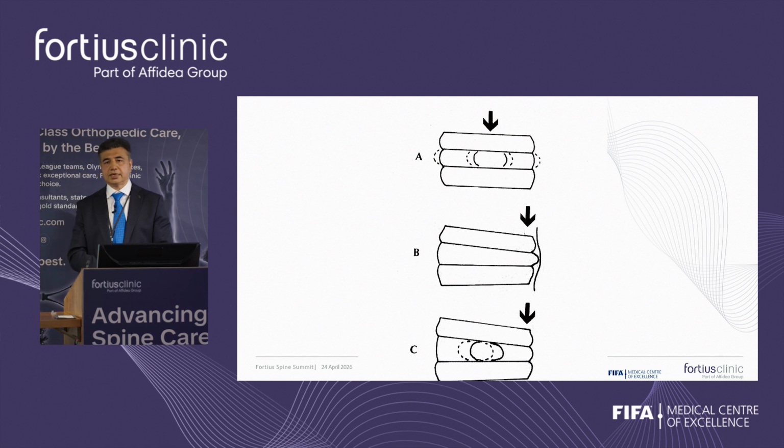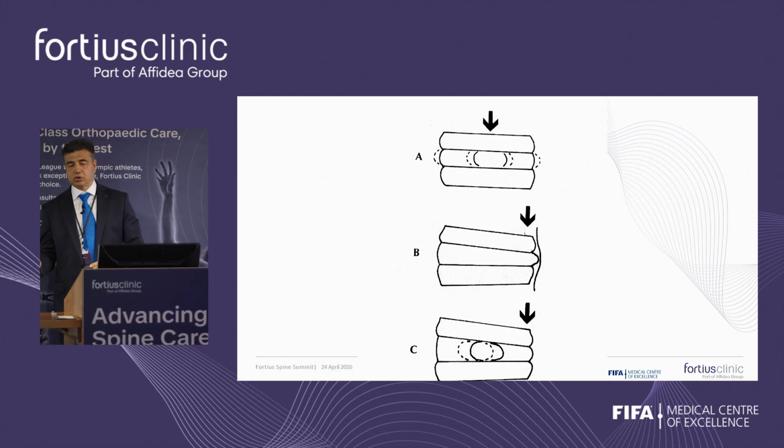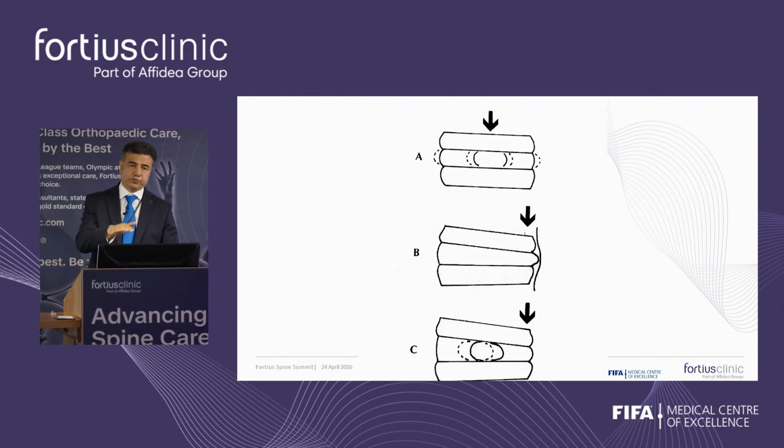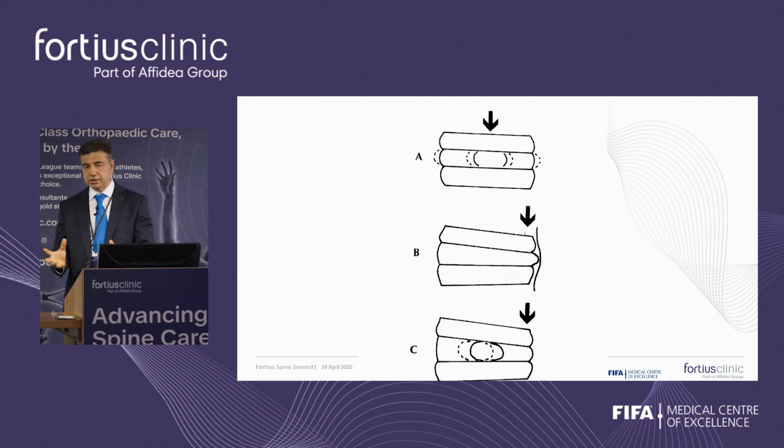As I said, the intradiscal pressure, which is the oncotic pressure, plus the pressure of our body weight, which we call the hydrostatic pressure, are in equilibrium. And if that changes, that will cause trouble. If we are constantly putting pressure on the spine, obviously the disc will start degenerating. And that's where the problem starts.